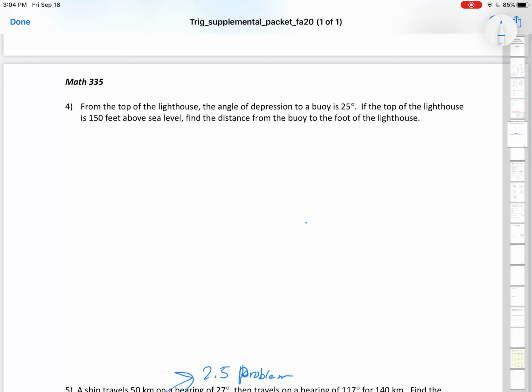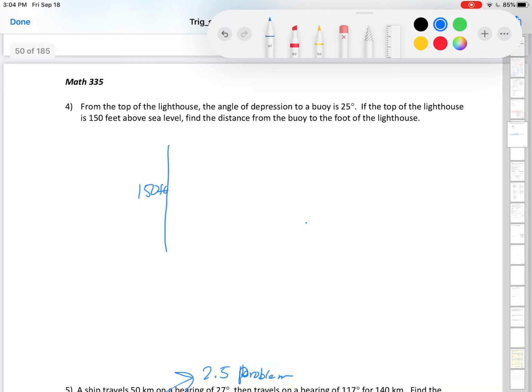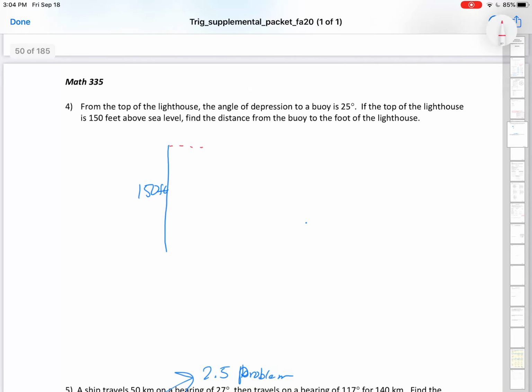So from the top of a lighthouse, the angle of depression to a buoy is 25 degrees. If the lighthouse is 150 feet above sea level, okay, so here's 150 feet. And the angle of depression, let me come in here with another color. There's my horizontal.